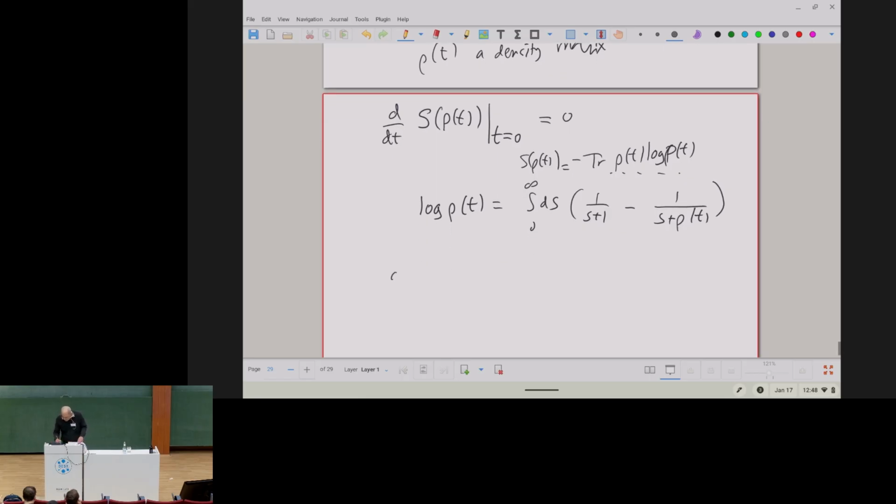If you use this fact, you can compute that d squared dt squared of S of rho of t is minus the integral from 0 to infinity ds of the trace of rho times 1 over s plus rho of t, rho times 1 over s plus rho of t. That's just by calculus. Using this formula for log rho of t, it's relatively straightforward to calculate those derivatives.